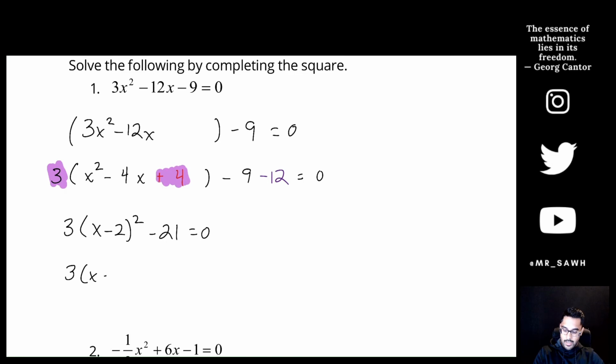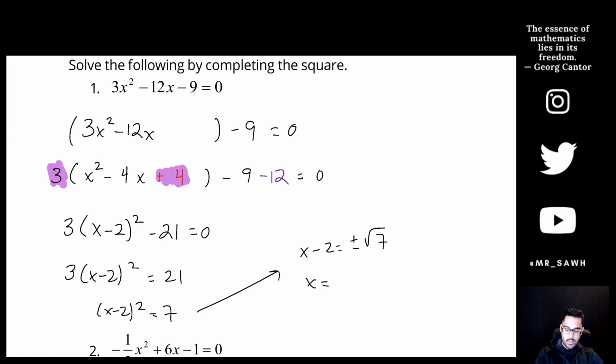So 3 times x minus 2 squared is equal to 21. Divide everything by 3, so that x minus 2 squared is 7. Square root both sides, so x minus 2 is equal to the positive or negative square root of 7, so that x is equal to 2 plus or minus root 7. Okay, so there are your 2 solutions.